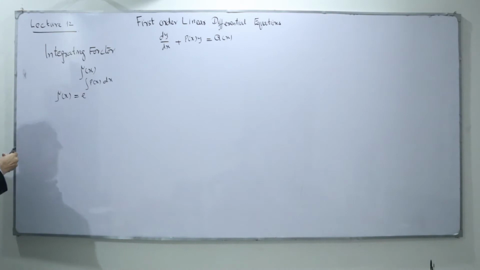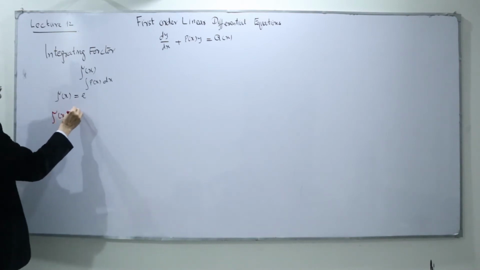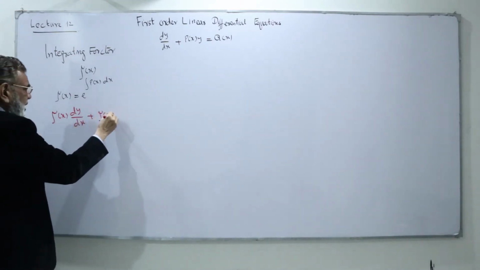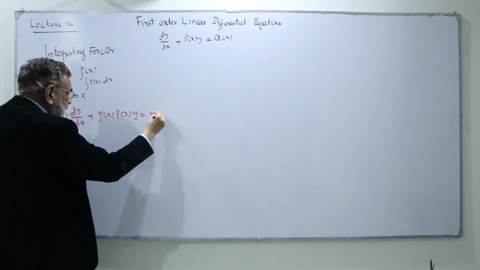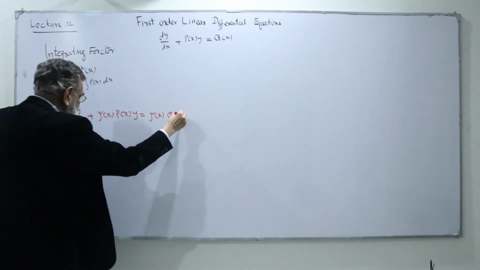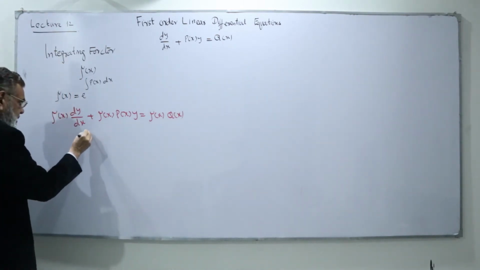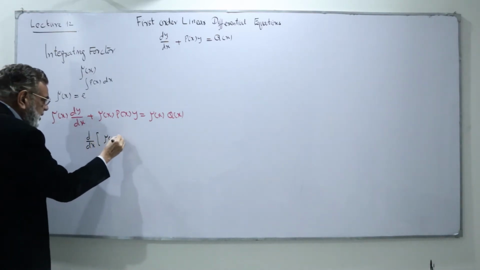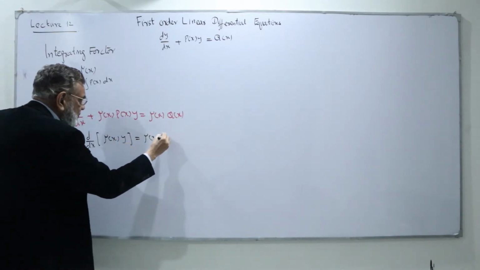We multiply our equation by the integrating factor, and we get mu(x) dy/dx plus mu(x) p(x) y is equal to mu(x) q(x). The left hand side we can write as d/dx of mu(x) y, equal to mu(x) q(x).